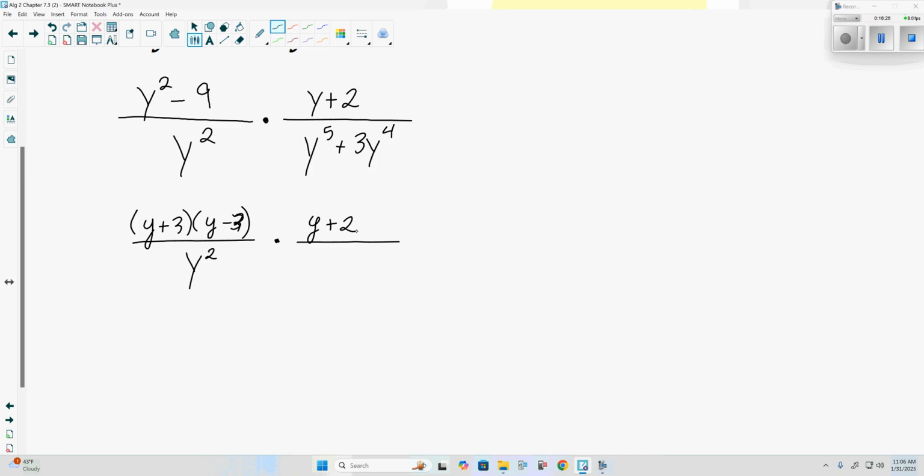However, the y to the 5th plus 3y to the 4th has a greatest common factor of y to the 4th, leaving us with y. So we factor y to the 4th out, we're removing 4 y's from each one, so y to the 5th becomes y to the 1st, and our 3y to the 4th, the y's factor out completely, leaving us with 3.